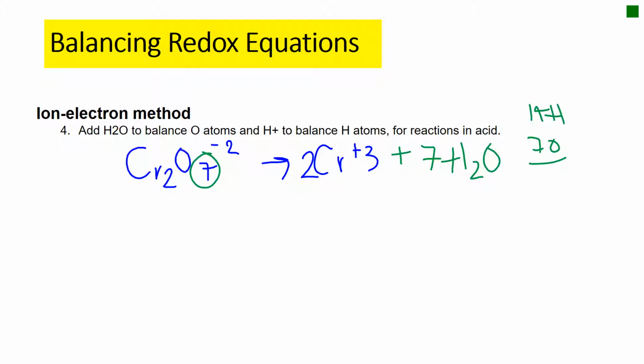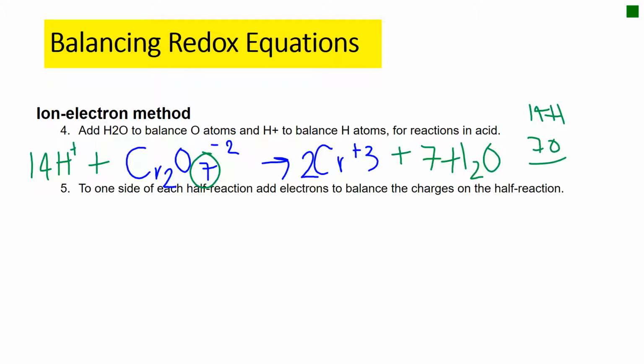Now we have to balance the hydrogens as well. Since on the right side we have 14 hydrogens, we have to add 14 hydrogens on the left, so plus 14H+. Now, to one side of each half reaction, add electrons to balance the charges on the half reaction. So our equation so far looks like this.